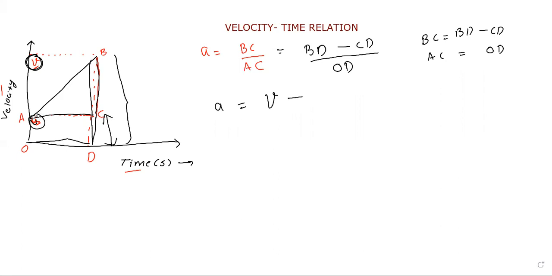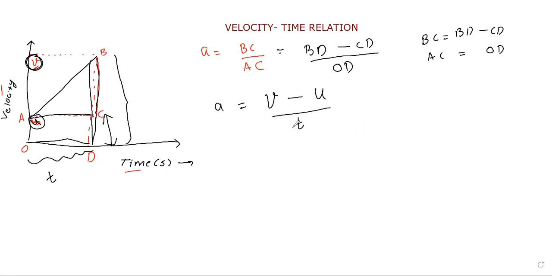So CD can be replaced by u, divided by OD. What is OD? This is the time axis, and OD is t. So OD can be replaced with t. So our equation becomes a equals v minus u divided by t.